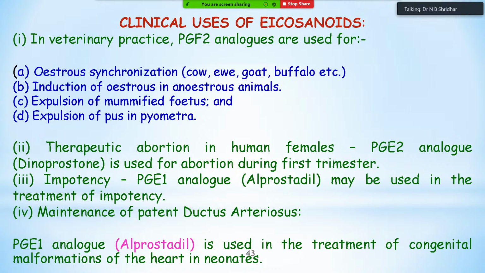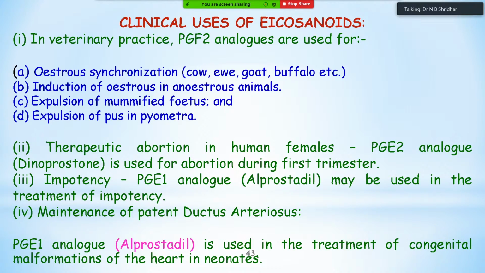That's the programmed estrus inducing program, or programmed estrus induction. And of course, in other conditions it can also be used: expulsion of mummified fetus and expulsion of pus in pyometra.